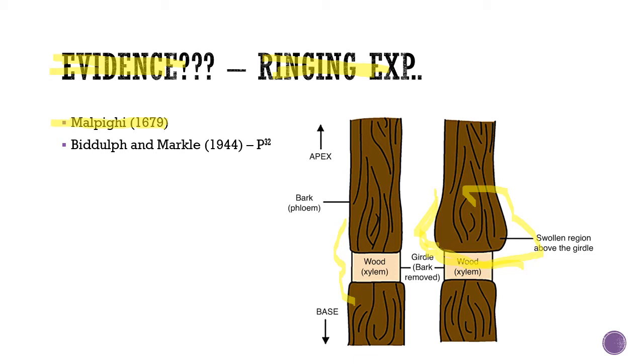Now, as the years went by, many more experiments were conducted. One such important experiment was done by Biddulph and Markle in the year 1944 using radioactive phosphorus, that is P32. The radiolabeled P32 was injected into the plant system, and a partition was made using a wax layer to divide the xylem and phloem vessels. This made sure that the P32 was kept to the phloem vessels itself.